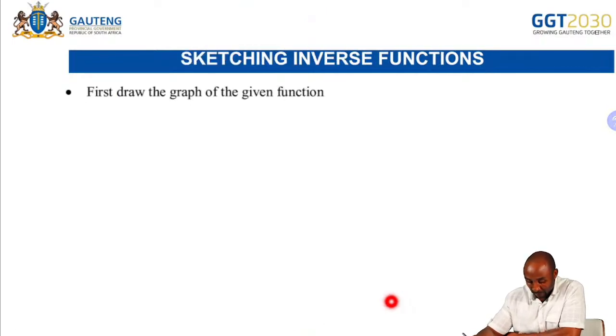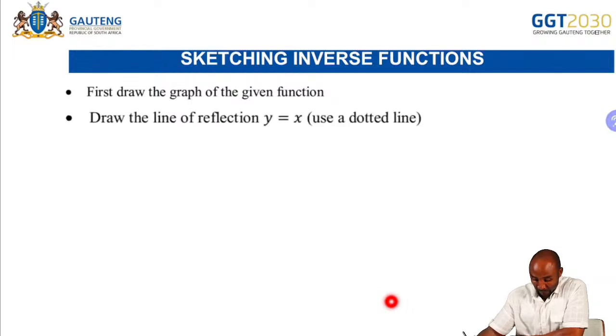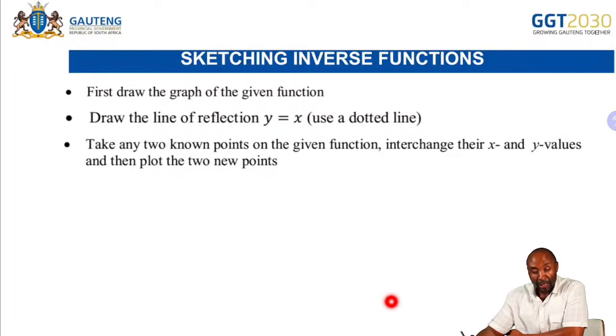Now, how do we sketch the inverse function? Draw the given function. You draw the reflection line, y is equal to x, using the dotted lines. We then take any 2 points that are given in the function.